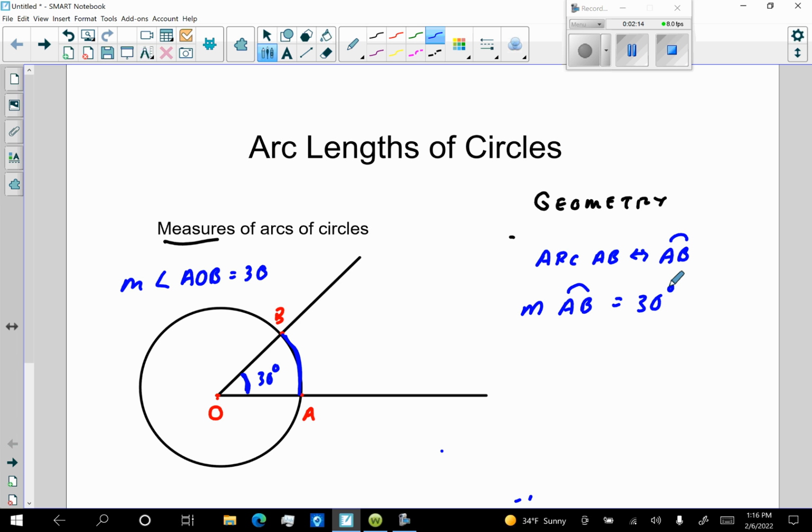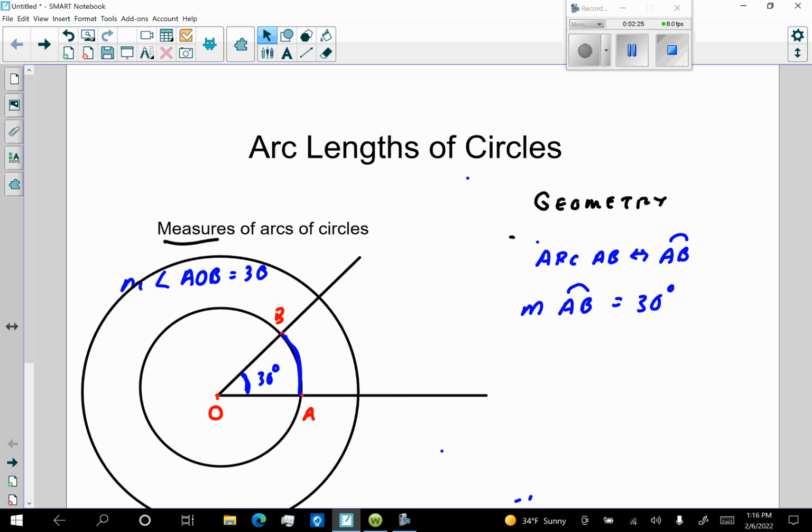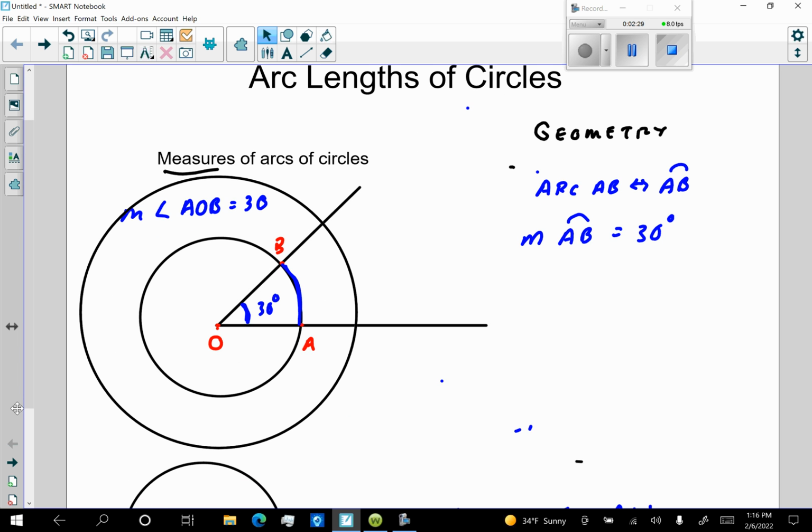What I want to point out here is if I take another circle, a bigger circle, and I fix that circle so that we have two concentric circles. Let me scoot my diagram down now. These are two concentric circles. Concentric circles simply mean that they have the same center.